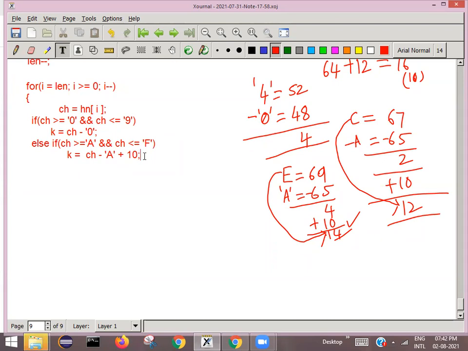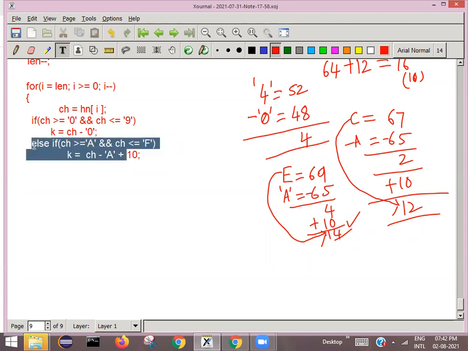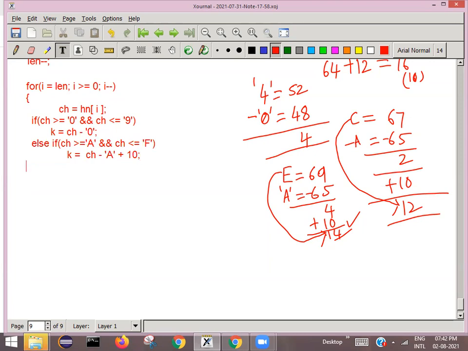When we ask the user to enter a hexadecimal number, he may use lowercase letters sometimes. In such a case, we need to handle that also. That means you need to check whether it is lowercase a to f or not. So I just copy paste this code here.